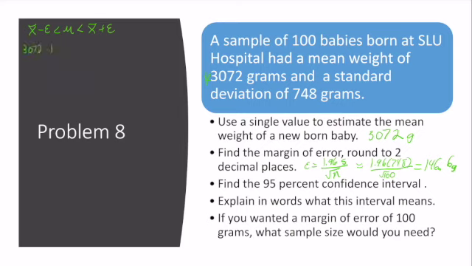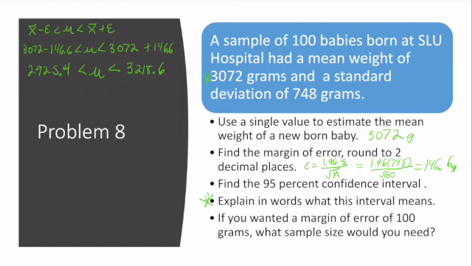So I'm going to take 3,072 minus 146.6, and I'm going to take 3,072 plus 146.6, and I get a 95% confidence interval of 2,925.4 is less than our population mean, which is less than 3,218.6.